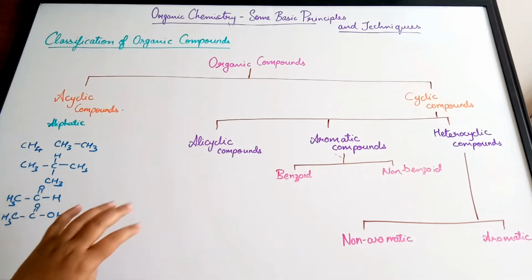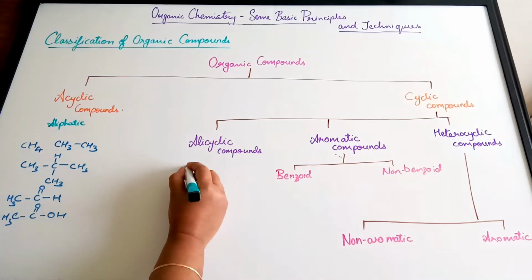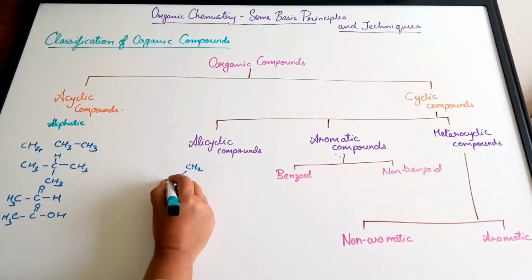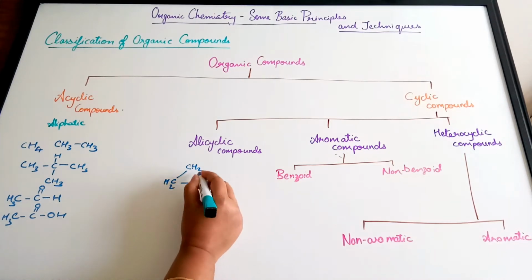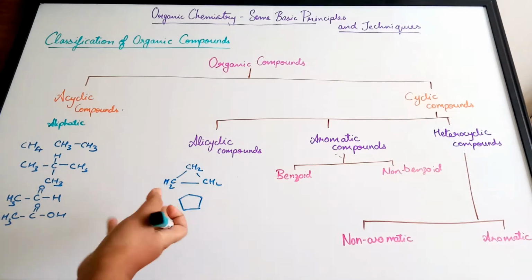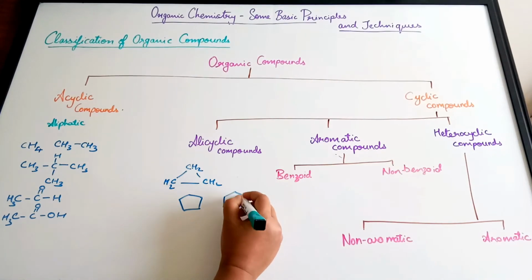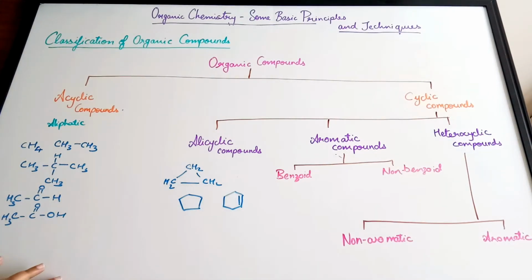Alicyclic compounds will have three or more carbon atoms, and their examples include cyclopropane, cyclopentane, and cyclohexene, which means it has a double bond. The main thing is they have three or more carbon atoms forming a ring.